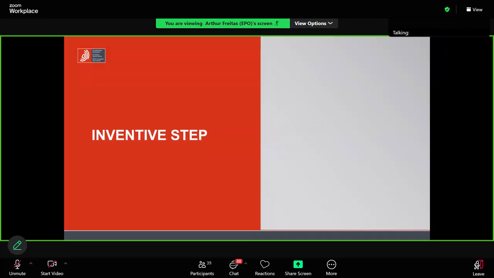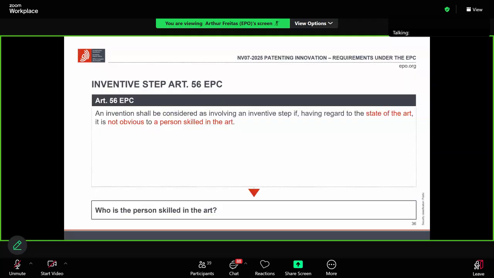Okay, so once novelty is overcome, the next crucial patentability requirement is Article 56, the inventive step. Article 56 says that an invention shall be considered as involving an inventive step if, having regard to the state of the art, also known as prior art, it's not obvious to a person skilled in the art, also known as the skilled person.